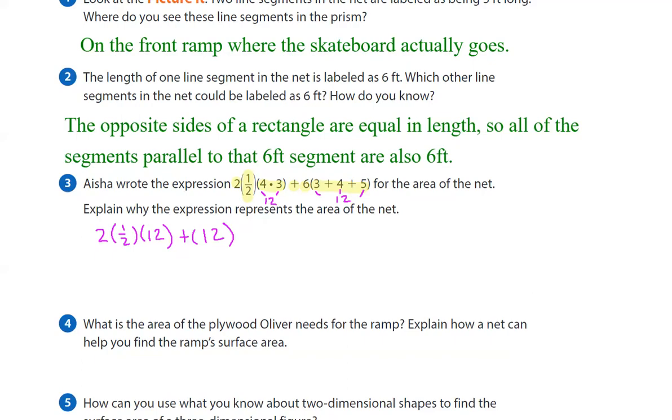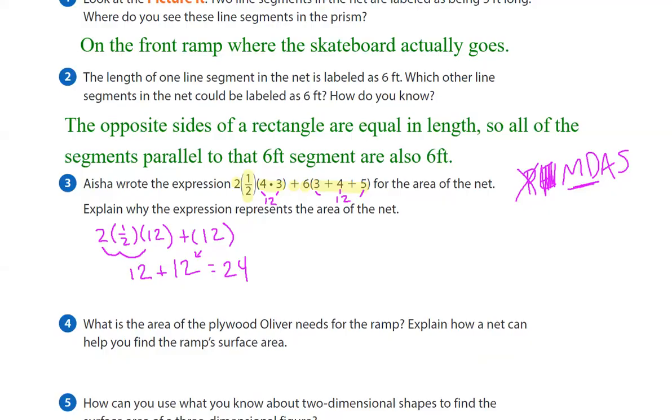Remember, in our order of operations, we did the parentheses first. There are no exponents. We need to do the multiplication and division before we do the addition. So 2 times 1/2 is 1. 1 times 12 is 12. So this all simplifies to 12. I'm just going to bring down that plus 12. 12 plus 12 is 24.